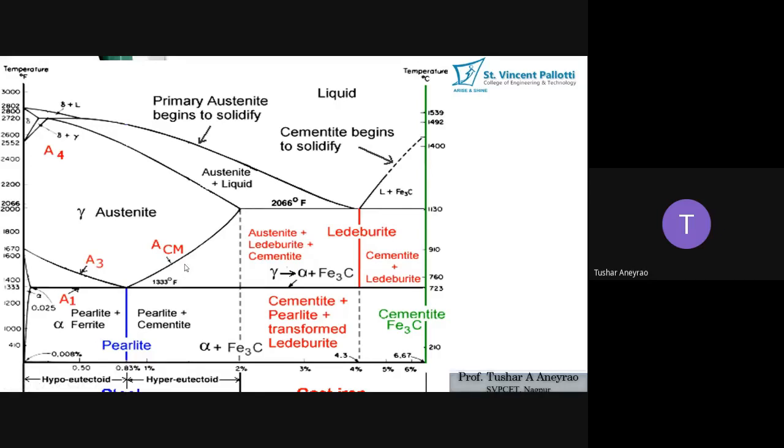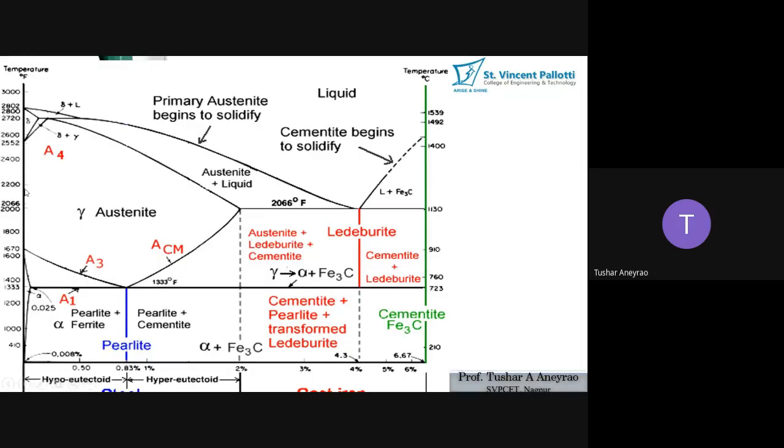Otherwise we can move ahead. If it is not clear how cementite is present at 4.3% of carbon and how austenite is present at 4.3% of carbon, then please let me know through the chat box, right?